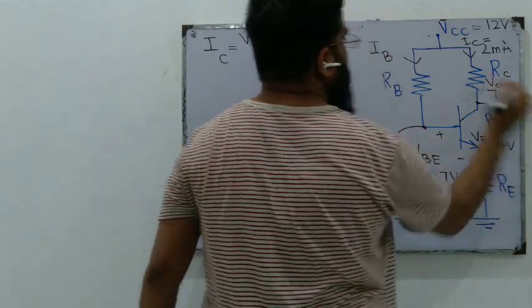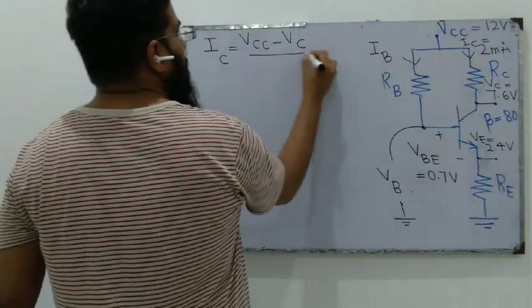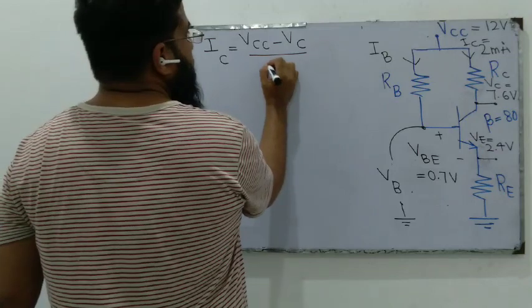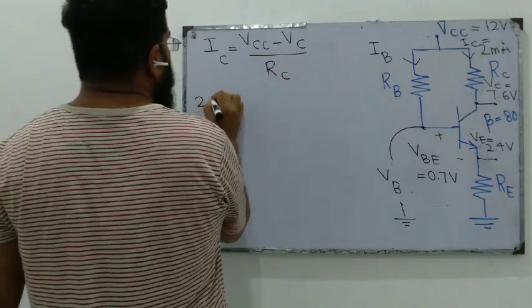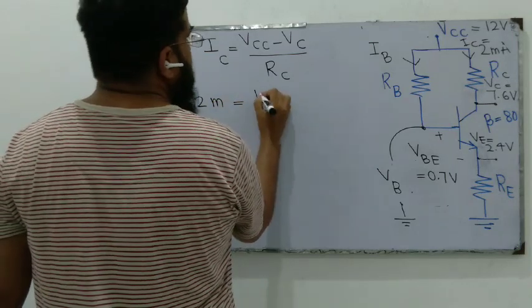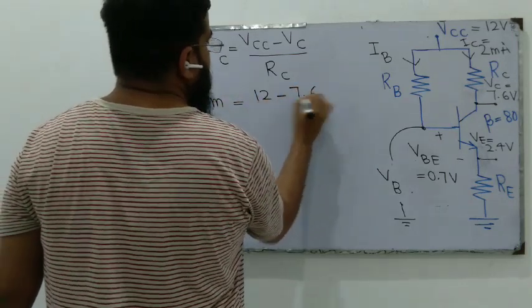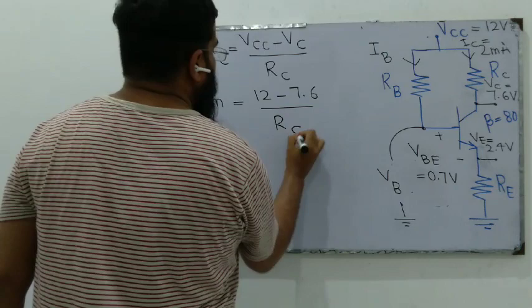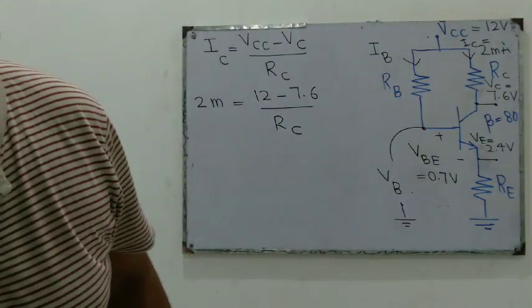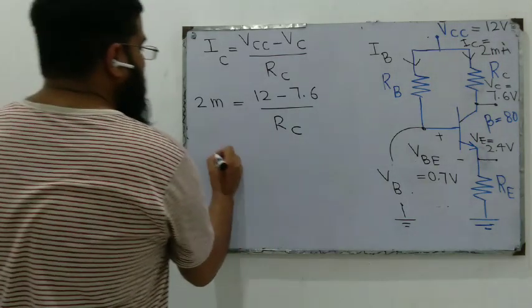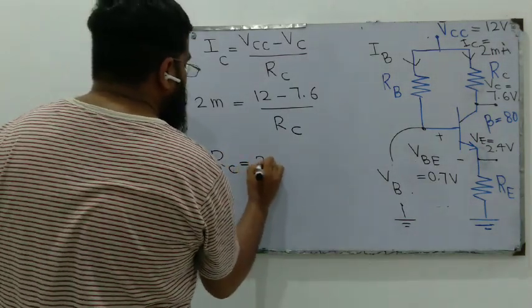This VC is 7.6 volts, over RC. So we know IC, this is 2 milliampere, 12 minus 7.6 divided by RC. So in this equation we have only one unknown. If you solve it, the value of RC turns out to be 2.2 kilo ohms.